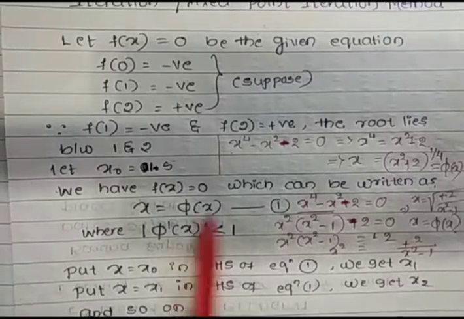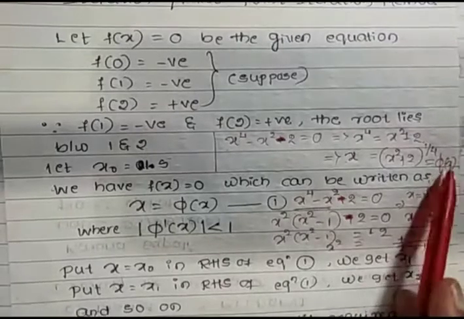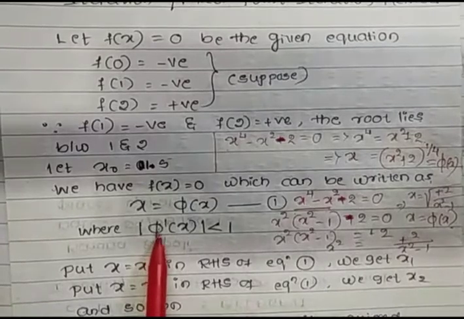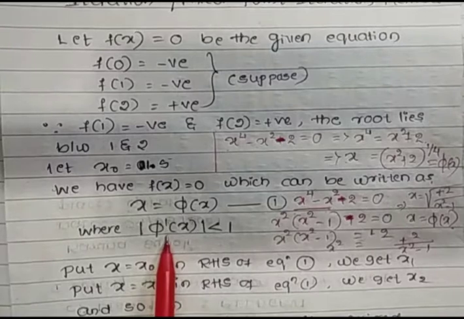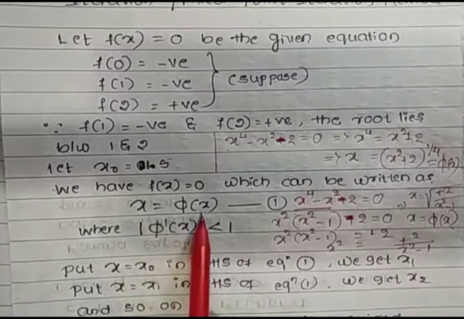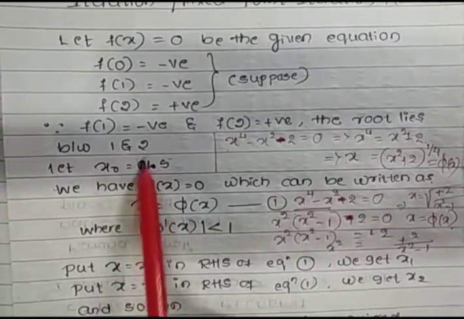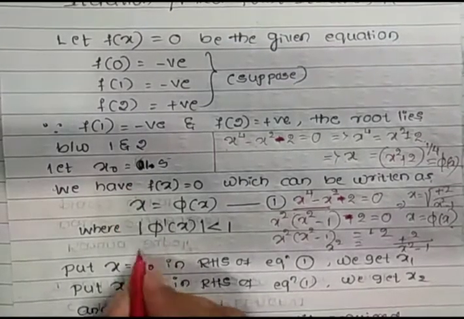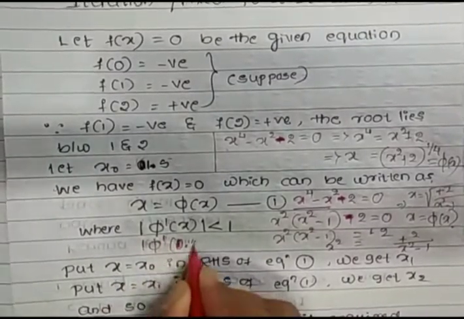So after expressing the given equation in terms of pi of x, we have to consider its derivative. Derivative means differentiation. So after taking its differentiation, we need to check its value by replacing the x value with the first approximation, that is 1.5. After replacing it using the first approximation, this will be pi dash of 1.5.